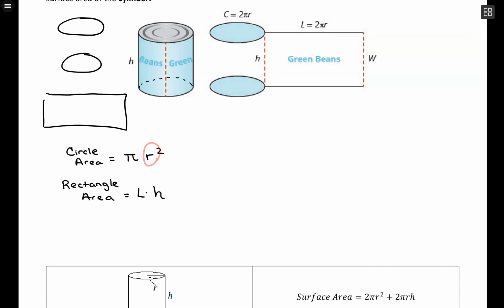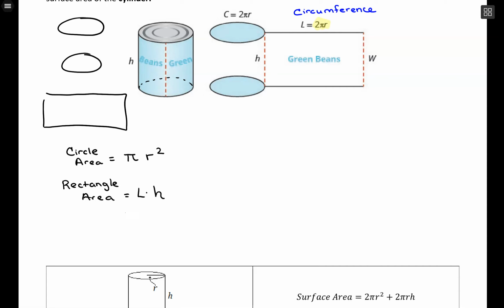So we would have our radius, we would have our height, but now this length, we need to think about a different way, because they're not going to describe this length along the outside of the circle. However, we have a formula for that length because that relates directly to circumference. The circumference of that circle is going to be the same as the length of that rectangle. So our formula for circumference is 2 pi r.